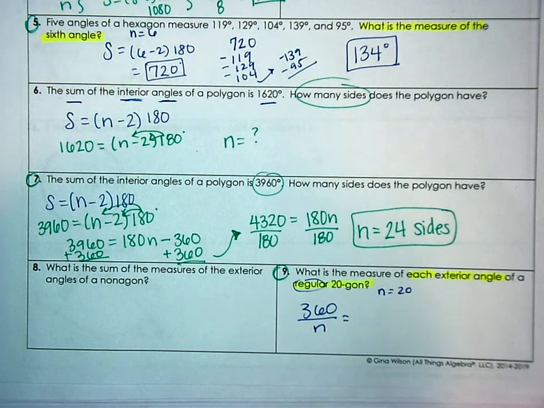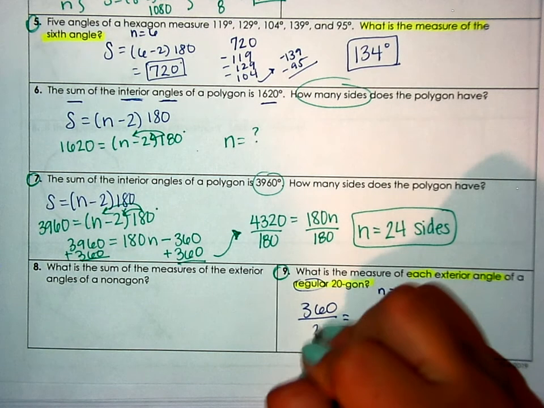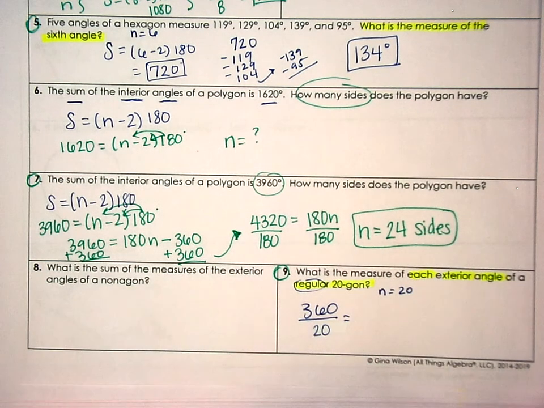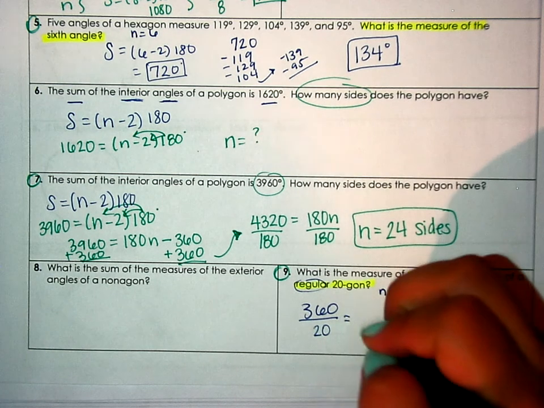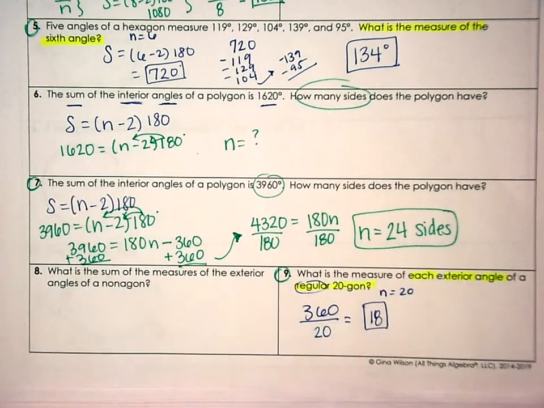Oops, not divided by n, divided by 20. Because they told us what the number is, and that's going to give us our answer. That's it. So it's the measure of each exterior angle. Take 360 divided by 20, and that's going to give you your answer of 18. That's it. Each one is equal to 18.